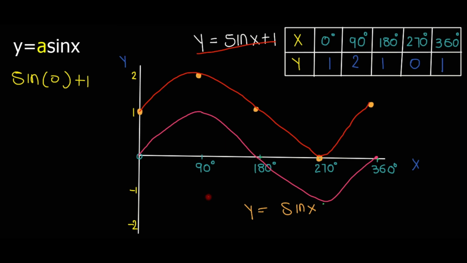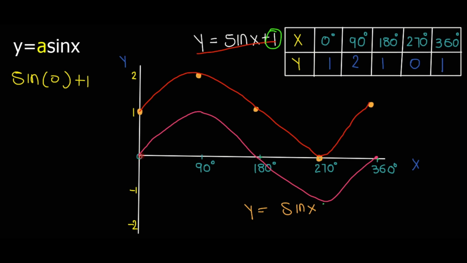Note the difference: the graph of y = sin x is the same graph, but now this graph has moved up by 1. This is because we have positive 1, so that is why it goes up. If you imagine this graph properly, you can see that it has only moved up by 1. If you take this graph and move it up, you will see it looks something like this.